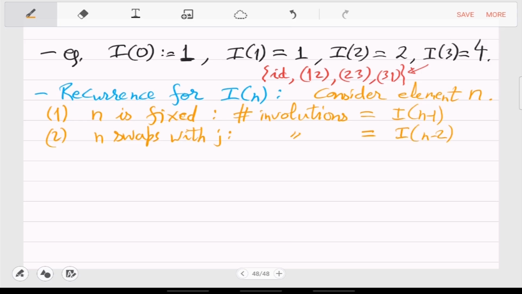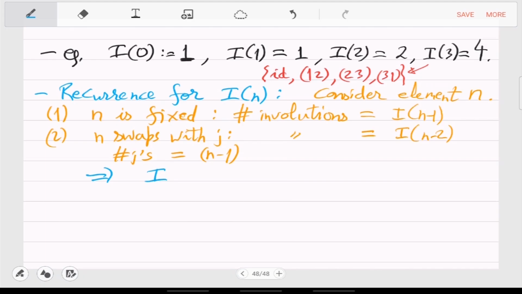So till now it seems like the Fibonacci recurrence. The difference is that the j's are many, right? The number of j's is n minus 1. So now all these n possibilities, they are disjoint, right?